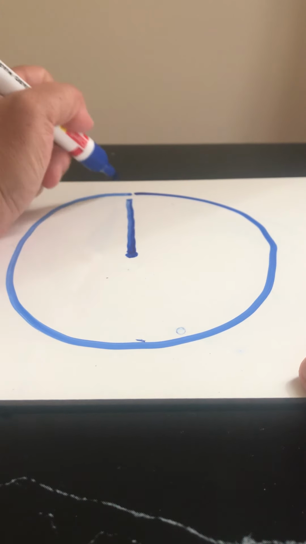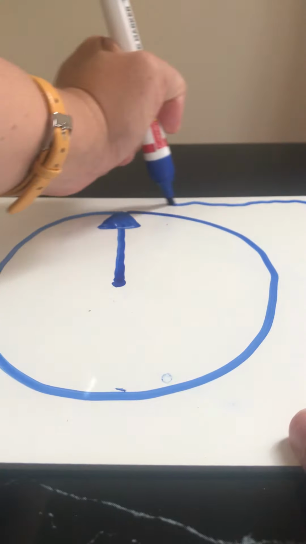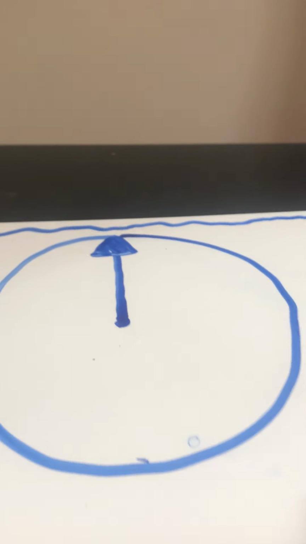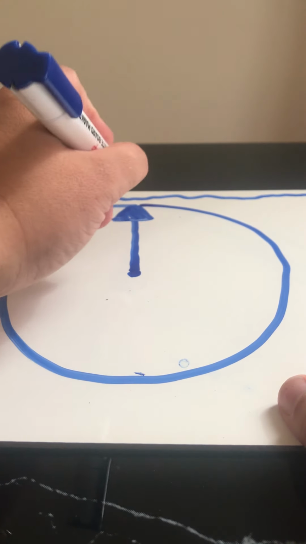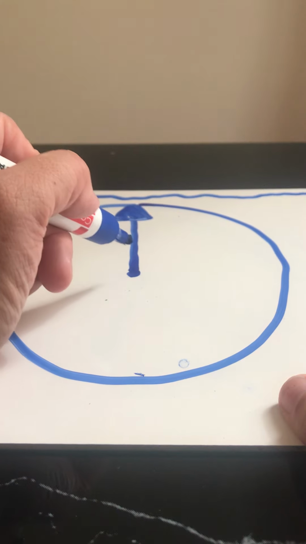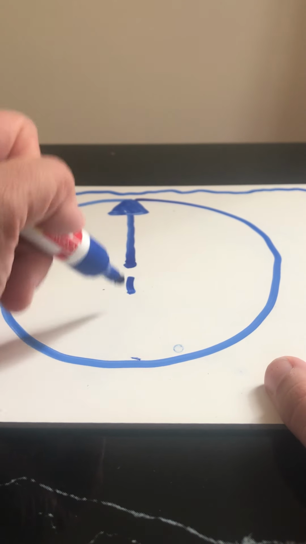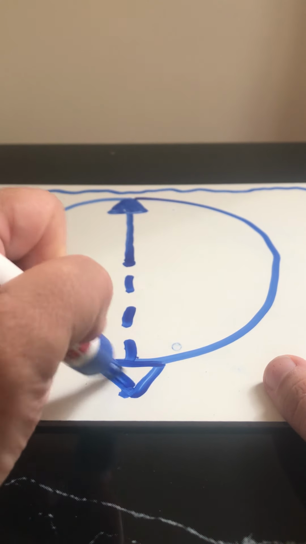There's my arrow again. I was looking out to a beautiful view of the sea, wasn't I? And I'm going to go clockwise, so it's this way around my circle, or my clock, half a turn. And half of my clock, I will end up here, looking at my field. That's clockwise.